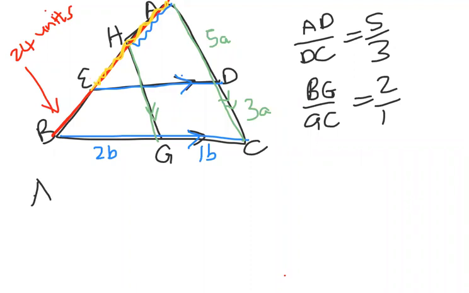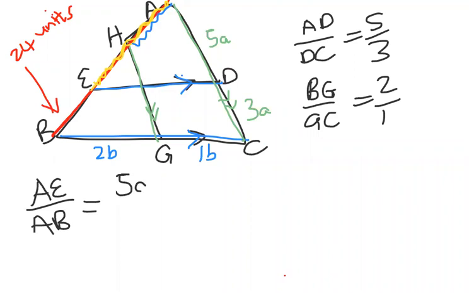So this is AE, the yellow line, divided by AB will give the same as 5 divided by the whole green line. So it's 5 divided by 8A.